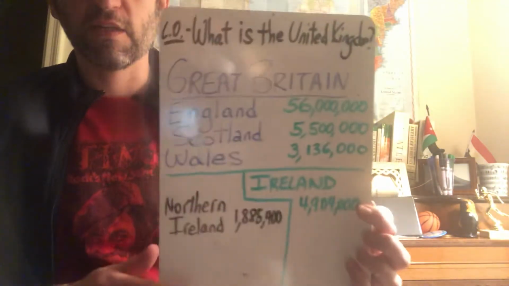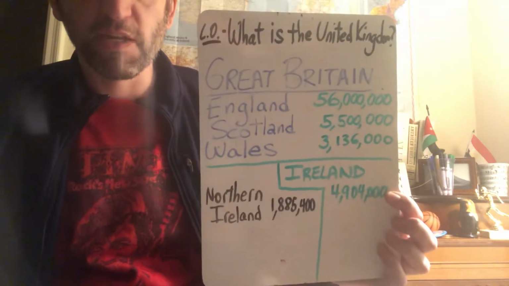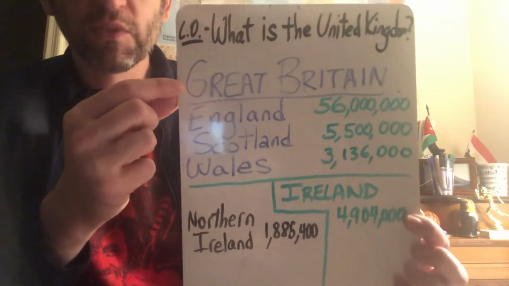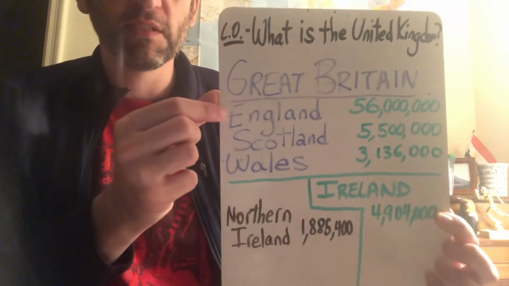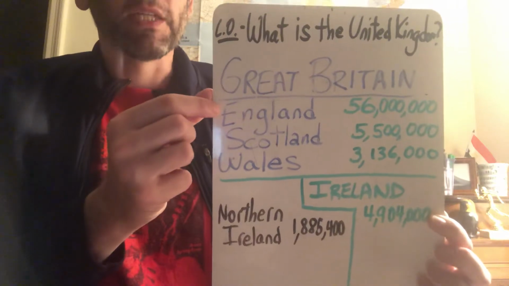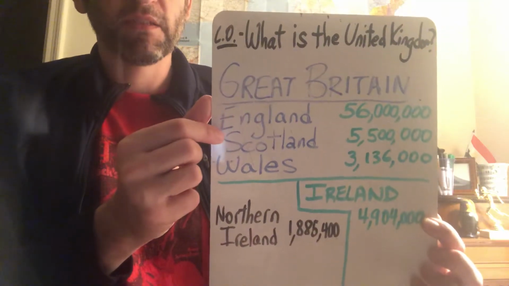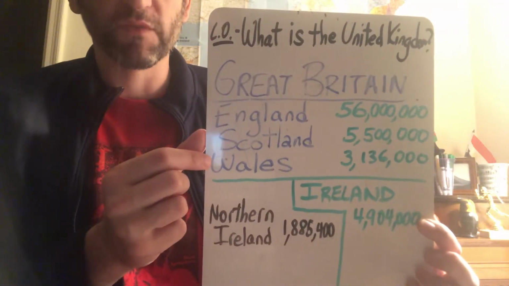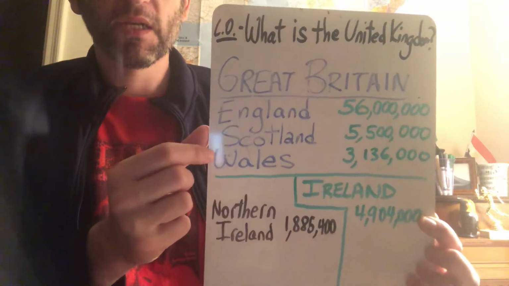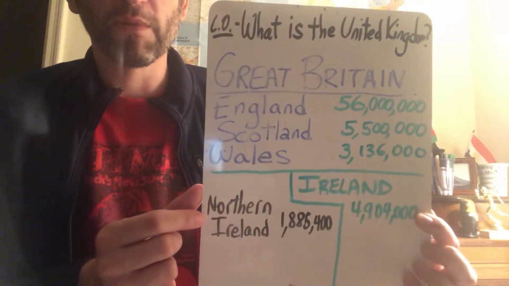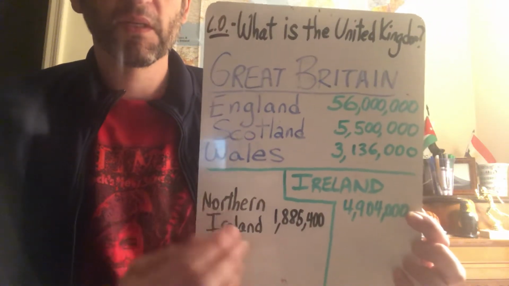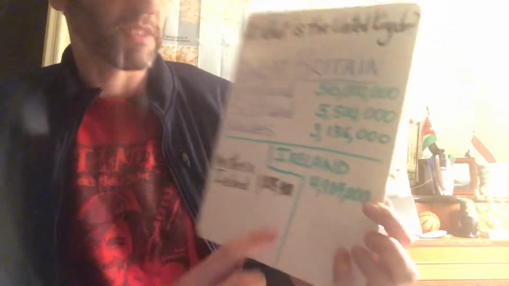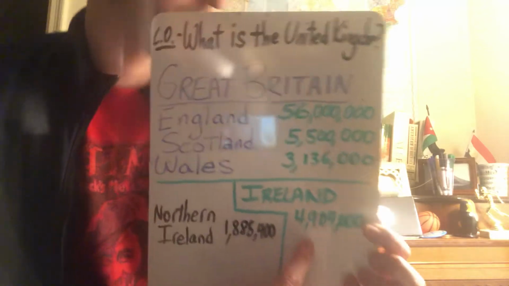Well, as I was stating in the other room, the United Kingdom is made up of 2 islands, one entire island called Great Britain, which is made up of 3 countries: England, with a population of about 56 million, Scotland, with a population of about 5.5 million, Wales, with a population of roughly 3.1 million, and then Northern Ireland, which is 1.9 million or so. The rest of Ireland is an independent country, and their population is about 4.9 million.